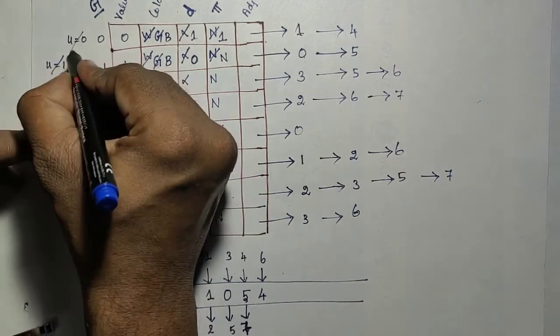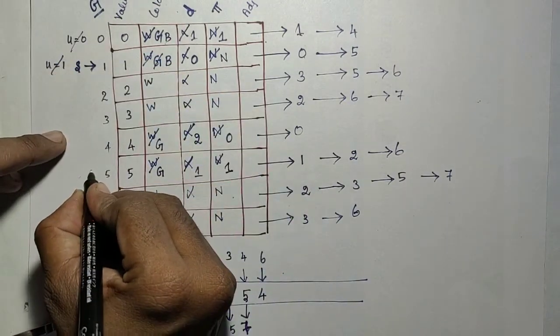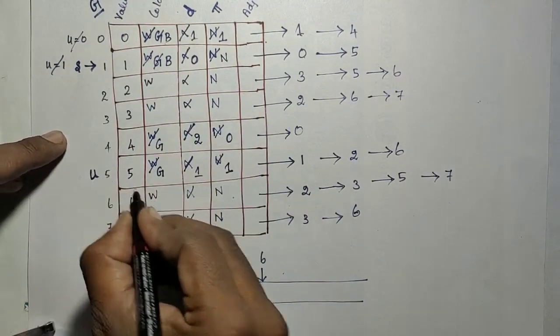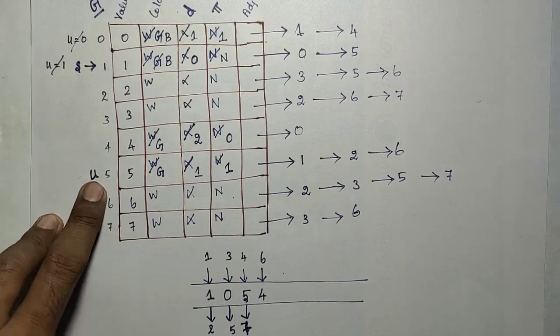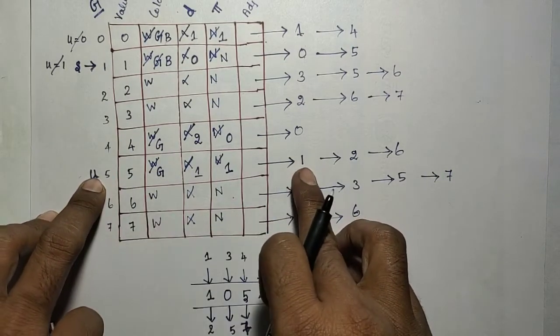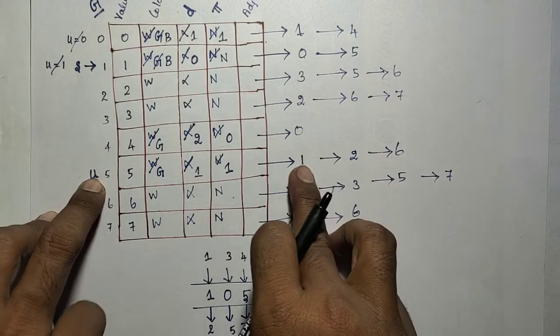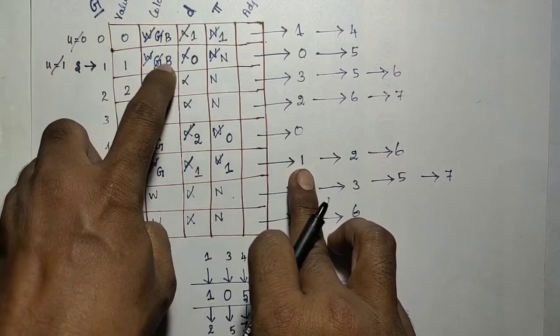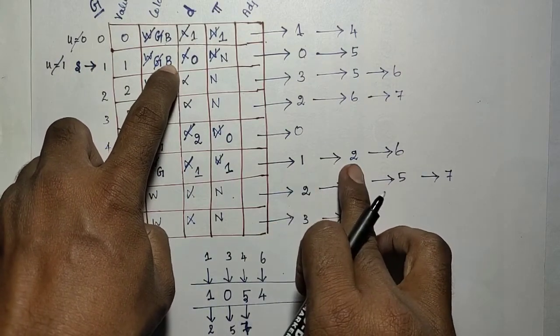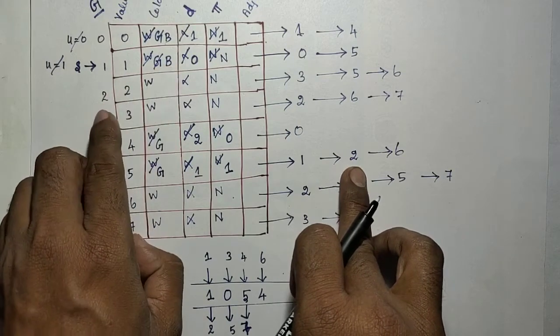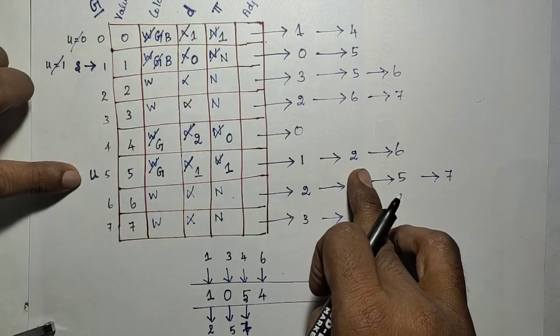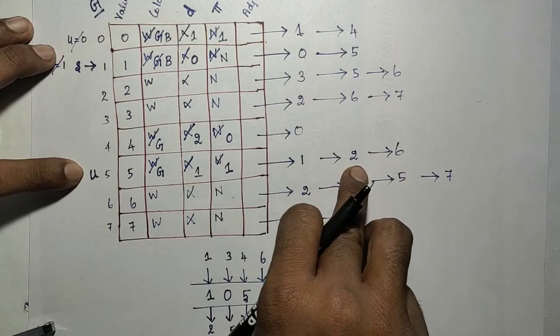So now U will be marked as 5. Now I need to look for the adjacent nodes 1, 2, 4. Check 1, it is already visited, leave that and go to 2. 2 is not visited, so from that U I'm going to visit 2.